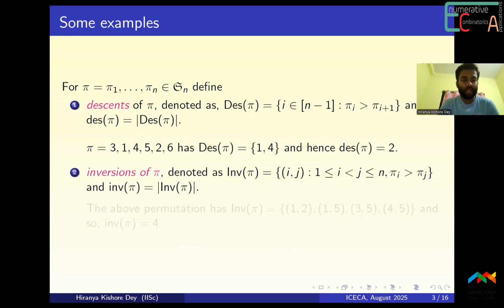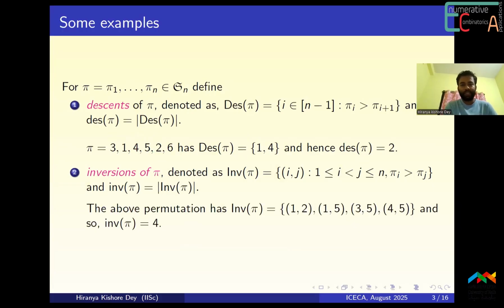Another very well studied statistic is the inversions of pi, which is the set of ordered pairs ij such that i is less than j and pi i is greater than pi j. The number of inversions is the cardinality of Inv pi. So in this example, this permutation pi has four inversions.